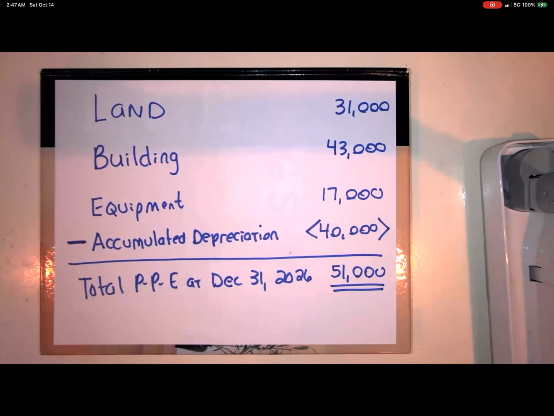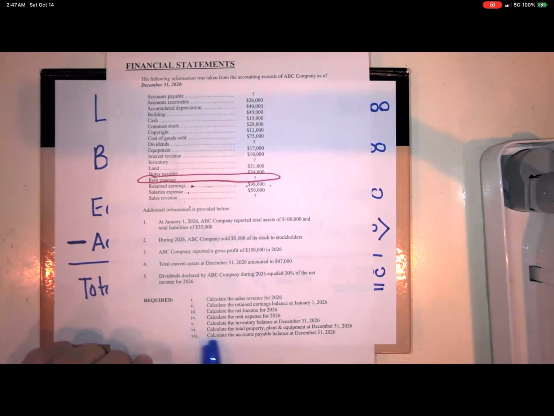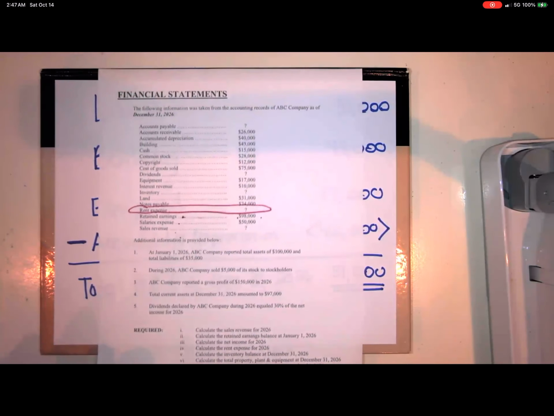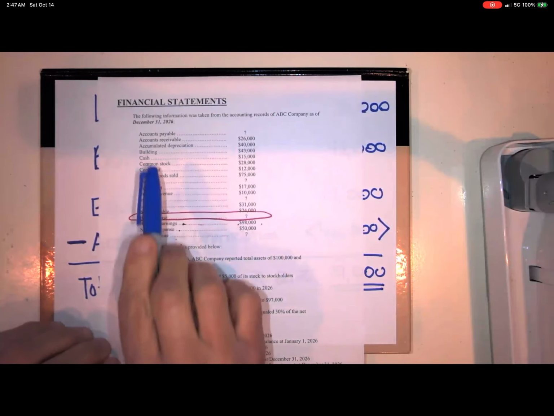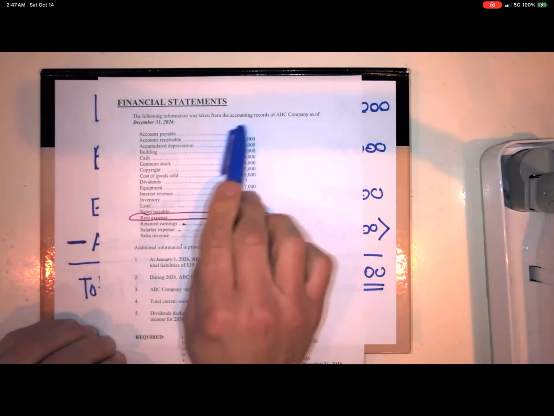All right, good job. We got one more to do. Let's see if we can tackle number 7. Requirement number 7 wants us to calculate the accounts payable balance at December 31. And you notice the very first account listed, accounts payable, we have our question.